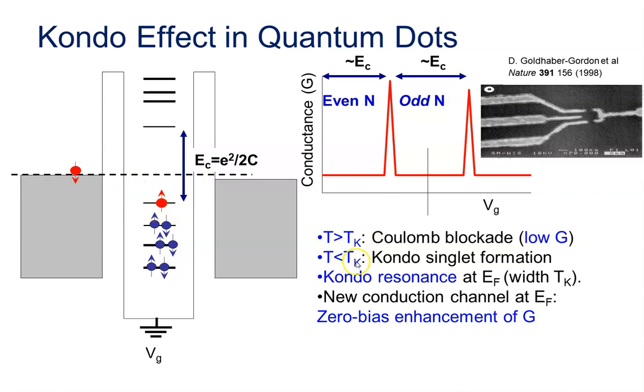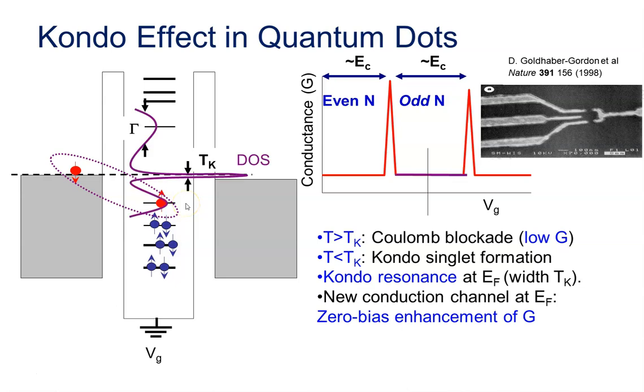Because if you are at temperatures below the Kondo temperature, there will be this antiferromagnetic coupling between the conduction electrons and the magnetic impurity, which is in this case the magnetic moment in the dot, or this extra electron here, and that will create a peak right at the Fermi energy in the spectral function.